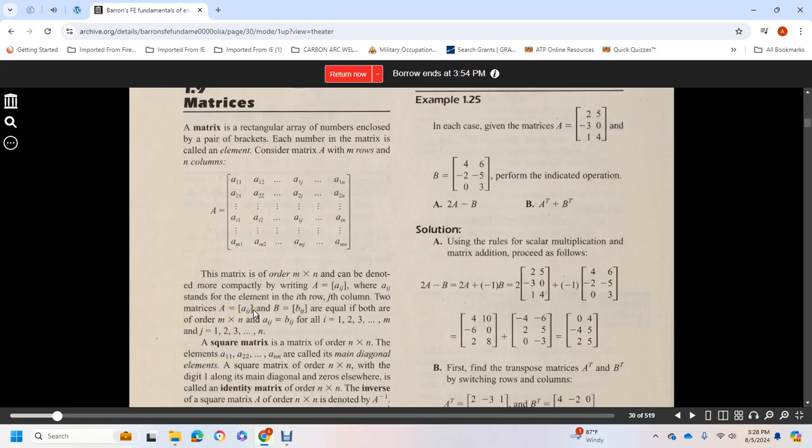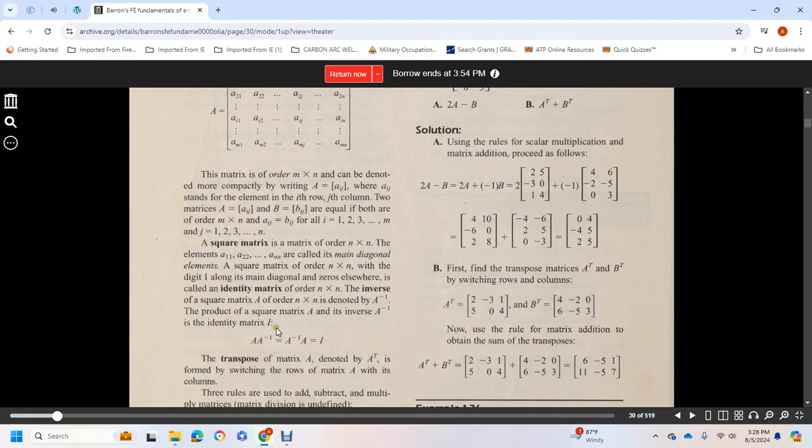Two matrices, A equals a sub ij and B equals b sub ij, are equal if both are of order m times n, and a sub ij is equal to b sub ij for all i equal to 1, 2, 3 up to m, and j equal to 1, 2, 3 up to n. A square matrix is of order n times n.